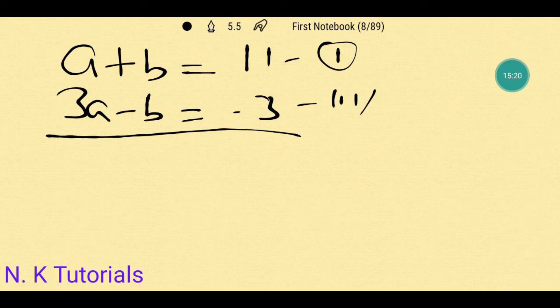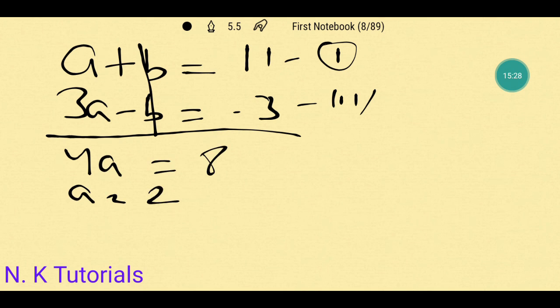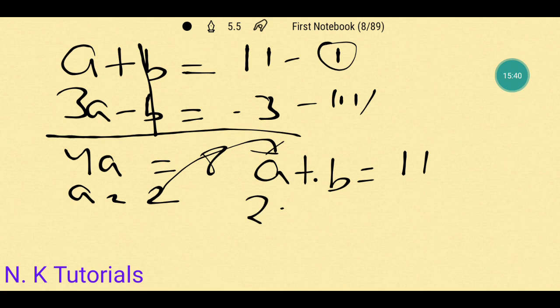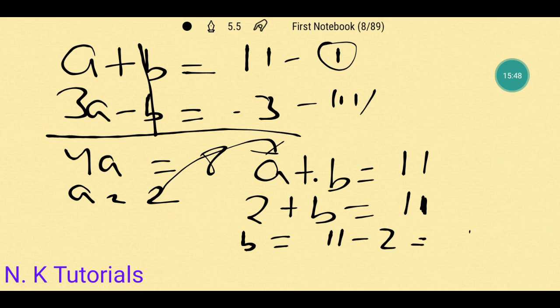As you solve them, this b and this b will cancel. It will come 4a is equal to 8, so a is equal to 2. Equation 1 was a plus b is equal to 11. Putting the value of a, it will come 2 plus b is equal to 11, so b is equal to 11 minus 2, which is 9.